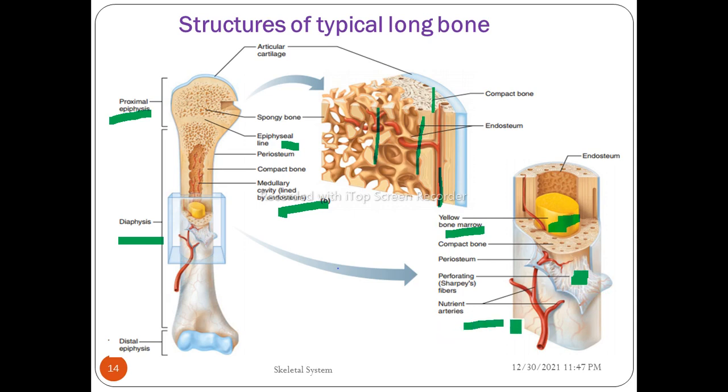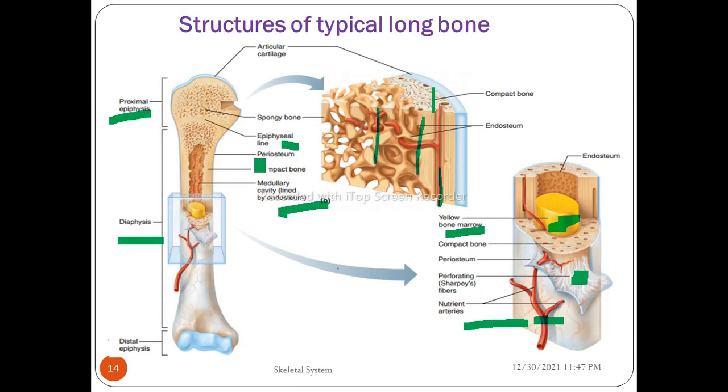The nutrient arteries penetrate the middle of the diaphysis and go to the inner side. So this is the endosteum, this is yellow bone marrow, whereas red bone marrow is found just like this.